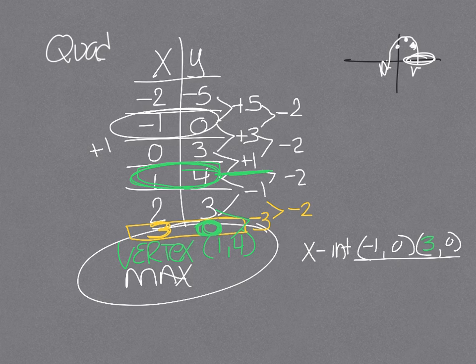And my y-intercept, on your y-intercept, your x is always 0. So we have that here as 0, 3, which is about right. Because our vertex was at 4, so it's right underneath there. Okay, so that one was a little bit different. We had to go and find the next value there, didn't we?